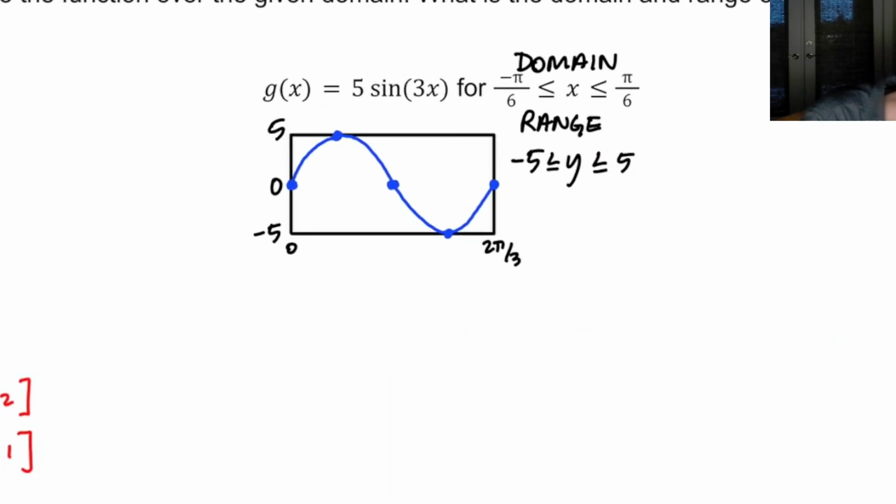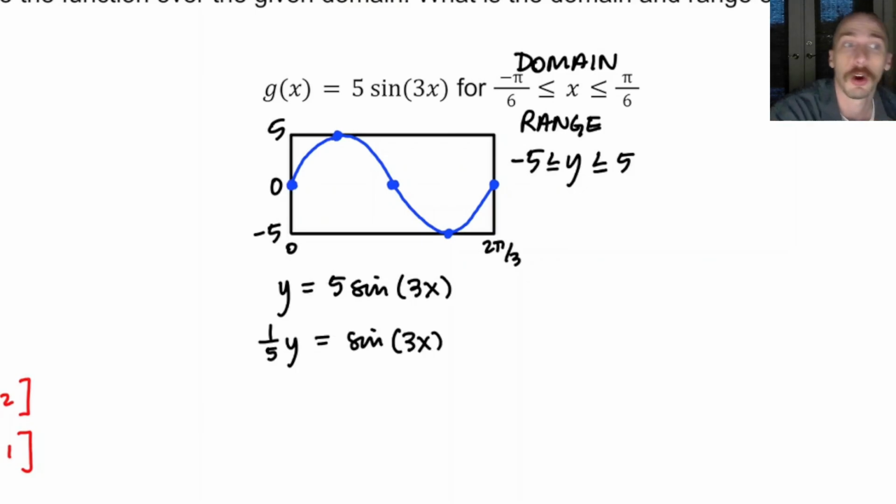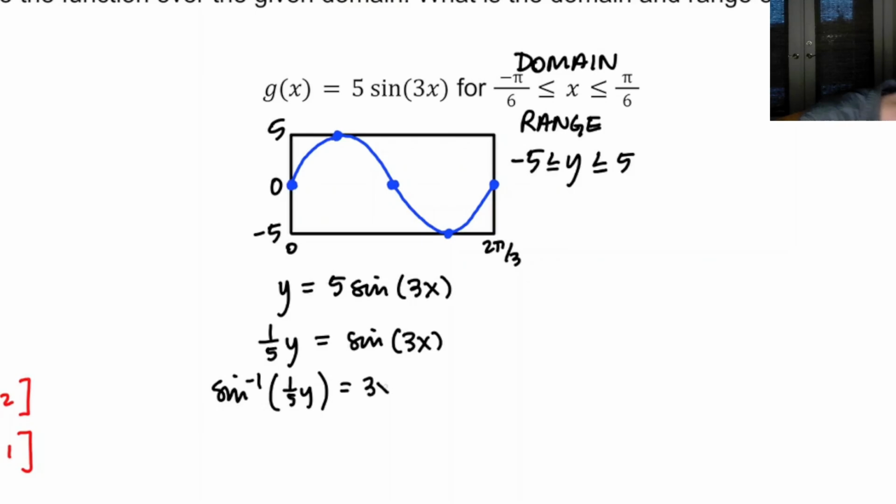Now I'm going to go about solving for the inverse algebraically. 5 sine of 3x. Okay, 1/5 of y equals sine of 3x. I'm going to take arc sine of both sides to get rid of the sine on the right side, right? You can't divide by sine, sine isn't a number, right? It's an operator. So I'm going to undo that by taking inverse sine of 1/5 y, and that will be equal to 3x.